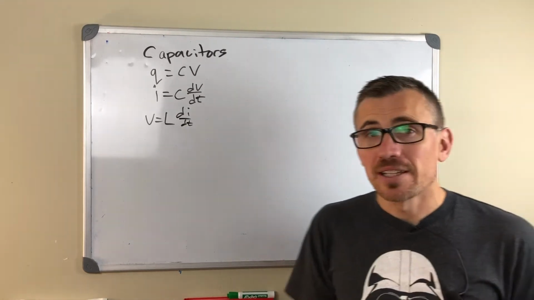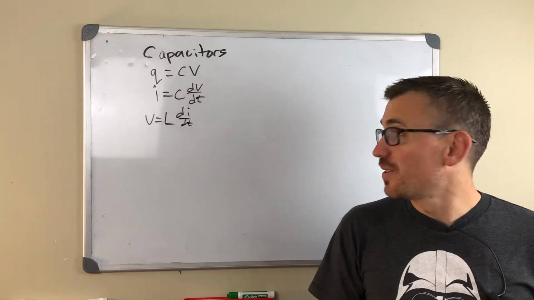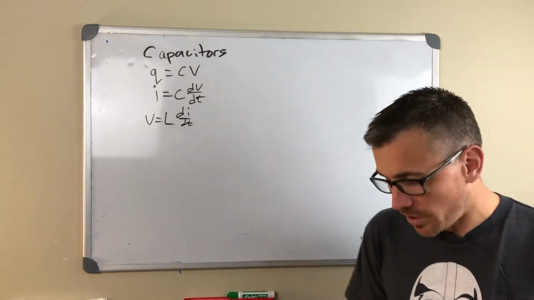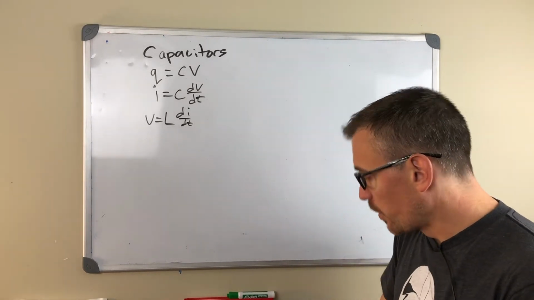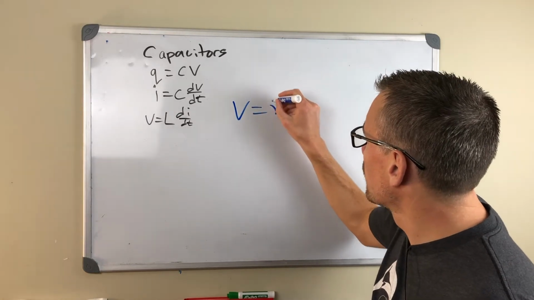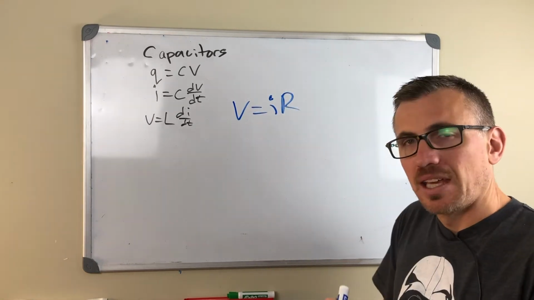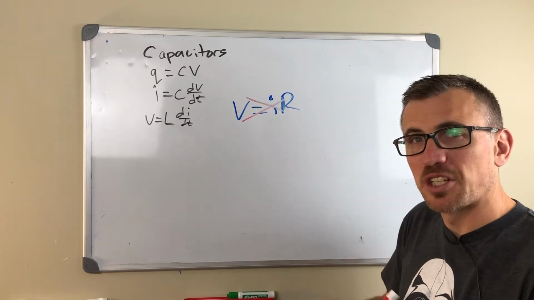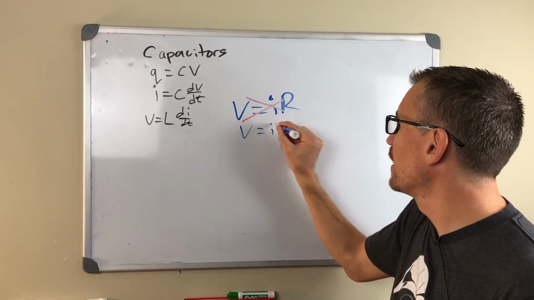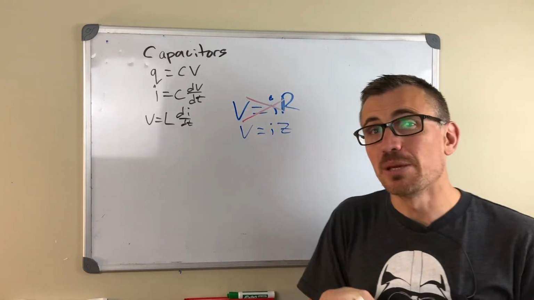So today we're going to take this a step further and really go through, in my opinion, an exciting step in your electronics career. We're going to take this old Ohm's law equation, V is equal to I R, and we're going to make a huge advance. We're going to generalize Ohm's law. We're going to replace R with a Z: V is equal to I Z, where Z is called the impedance.